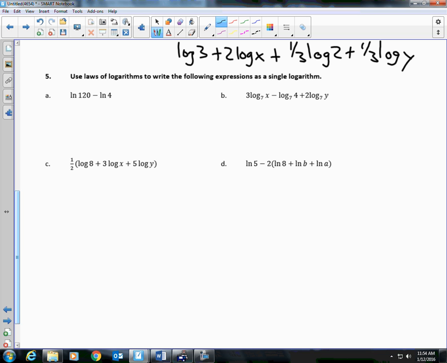Okay, now we want to write as a single logarithm. So I don't want multiple logarithms, I want one. So am I going to use multiplication, division, or exponents for this one? Division. So I have the natural log of 120 over 4, which is 30.